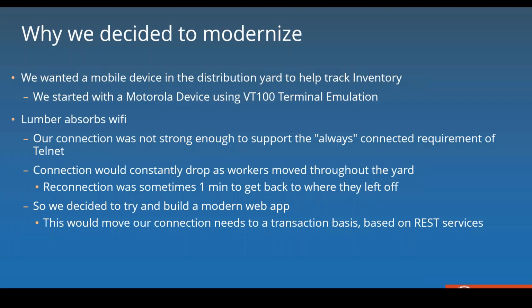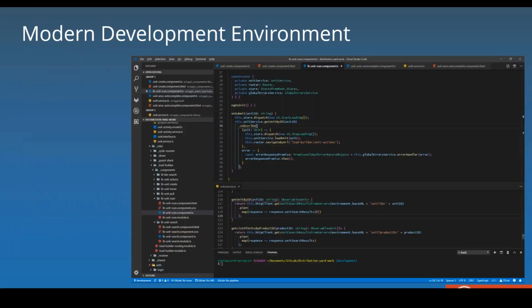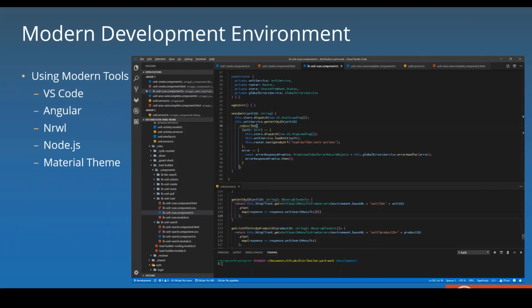So we decided to try and build a modern web app, and that would move our connection needs to a transaction basis based on REST services. So we now use a modern development environment for our front end of our applications. We're using modern tools such as Visual Studio Code. We chose the Angular framework.